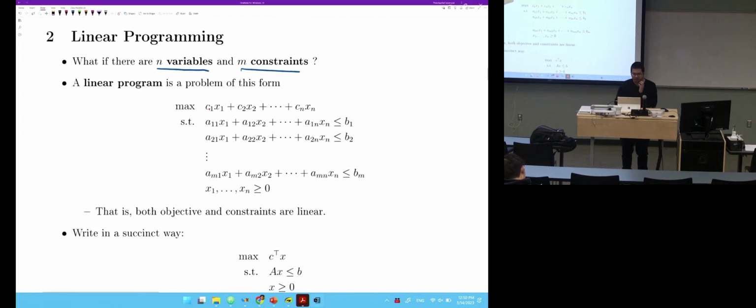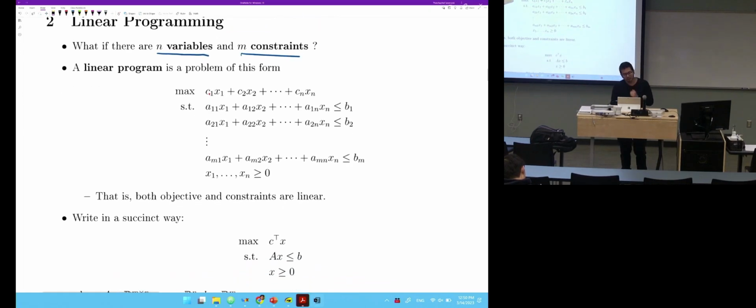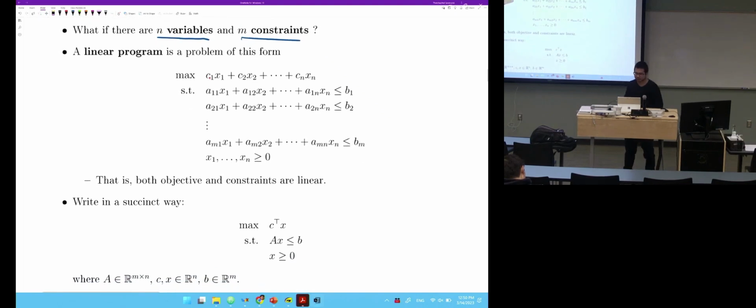And this thing can be succinctly represented like this, right? Just collect all the A's into a matrix of size m by n. And then you have all the B's, you put them into a vector.